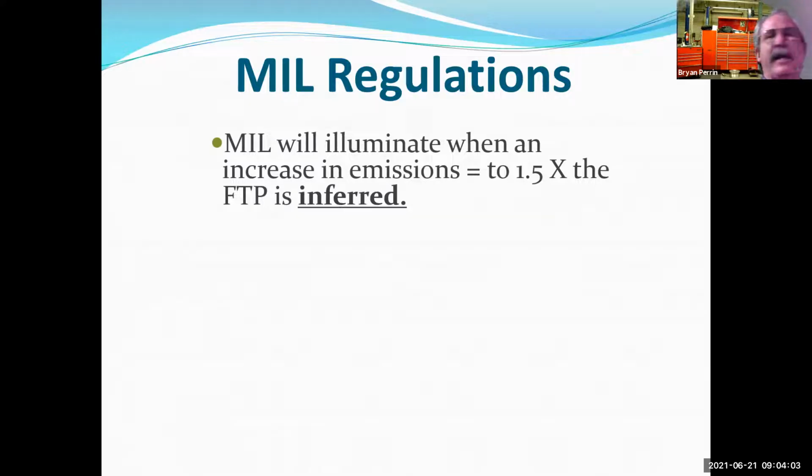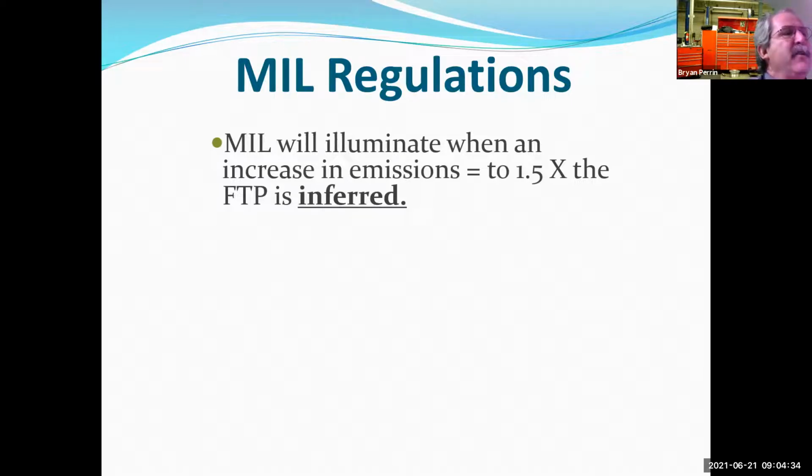Since the thermostat is not working correctly, I can infer that that would affect fuel control and cause me to potentially pollute. So therefore, I'm going to turn the check engine light on. This is the only time that we are legally allowed to turn the check engine light on. So if I have a misfire, if I'm running on 3 cylinders instead of 4, that would what? Cause my emissions to exceed 1.5 times the federal test procedure in theory.